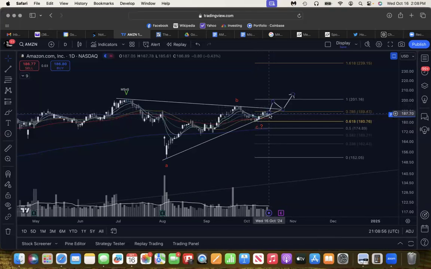We are looking for the possibility of a breakout after the election, coming up to all-time highs and then back testing this resistance level, and then potentially moving up and out of the range up to the first target level, which is this 1618 of this last wave right here. This is our first target right around 240.